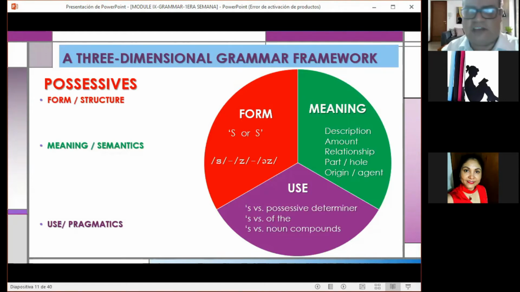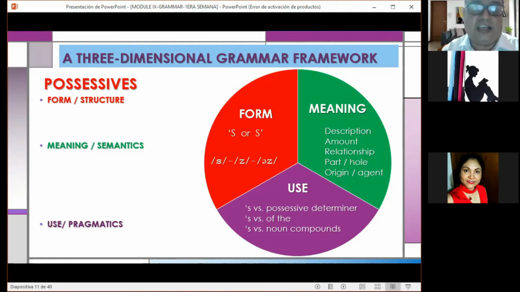And the use, we have these three, no? We could compare with a possessive determiner. Remember, the possessive determiners are the possessive adjectives, no? My, her, his, or the possessive pronouns, no? So we have yours, theirs. Remember that we use this structure to talk about possessions too, no?